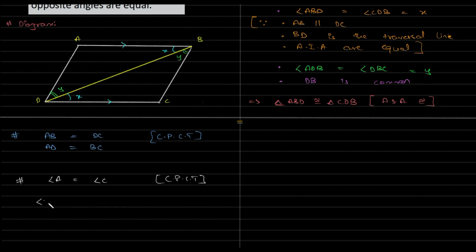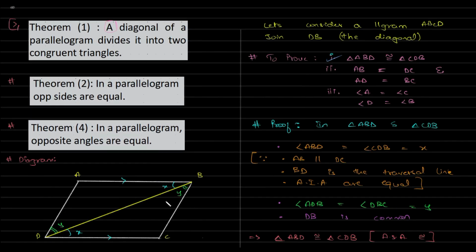And angle ADC is equal to angle ABC, since both are equal to x plus y. So we have the opposite angles equal. Okay, so with all three proved, these three theorems are proved in one go.